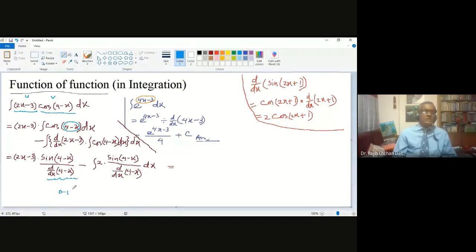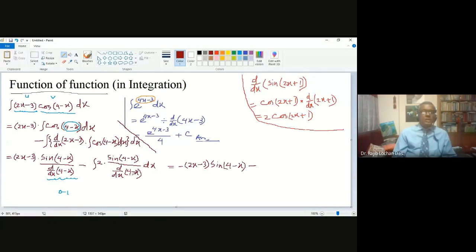So ultimately this is minus 1. So getting minus 1, you can put minus 1 at the beginning. So minus, then 2x minus 3, then sin 4 minus x. So the first part is finished, and then move to the next part.